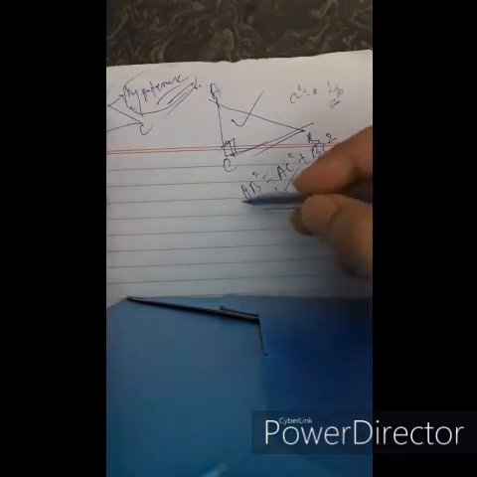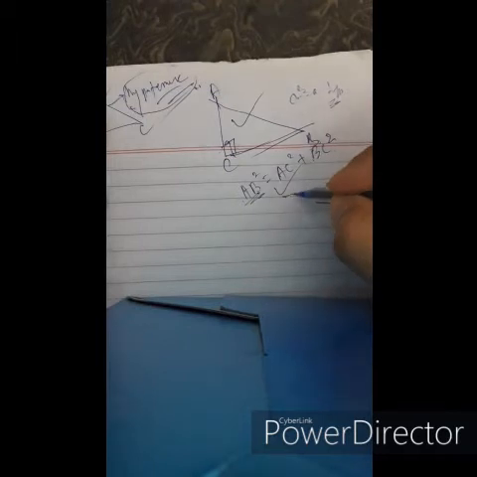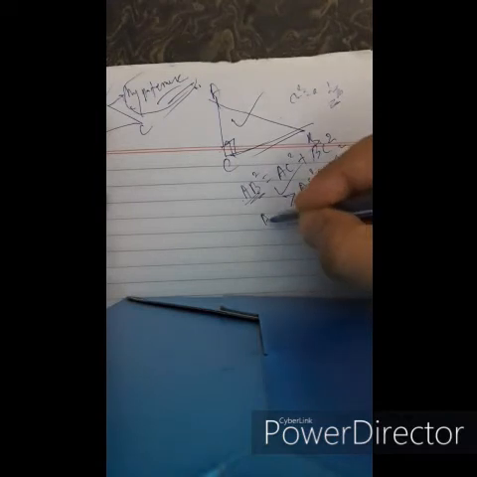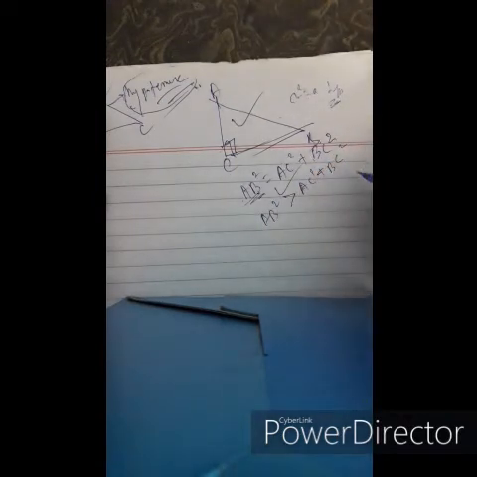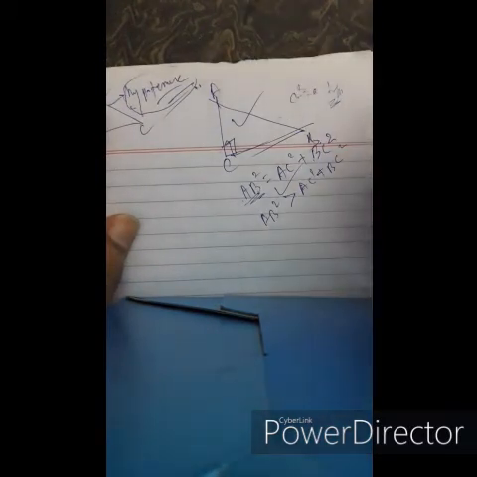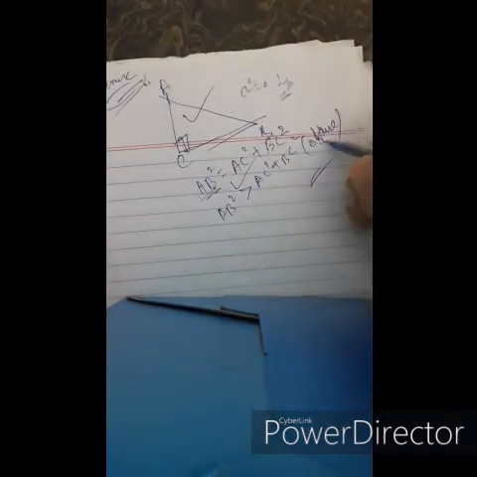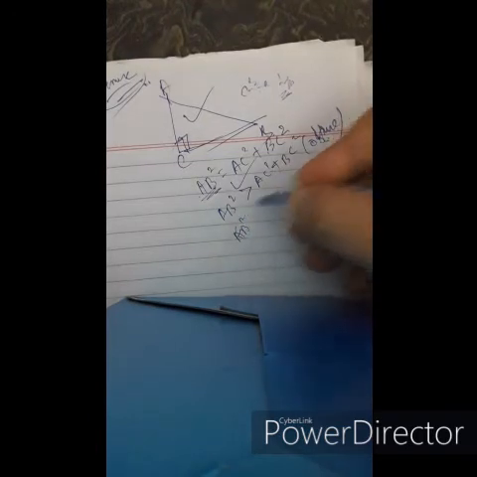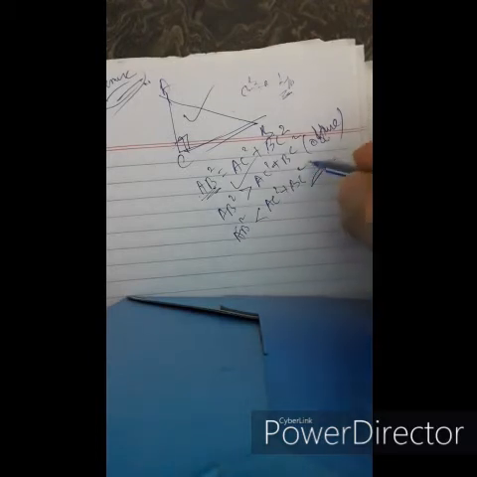If the square of the largest side, that is AB, is greater than the square of the remaining two sides, AC square plus BC square, then the triangle will be an obtuse angle triangle. And if the square of the largest side is less than the square of the other two sides, the triangle will be an acute angle triangle.